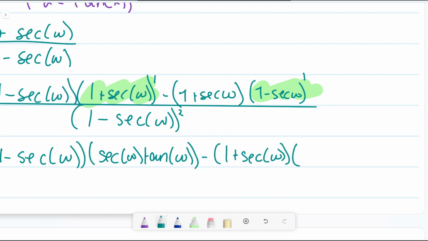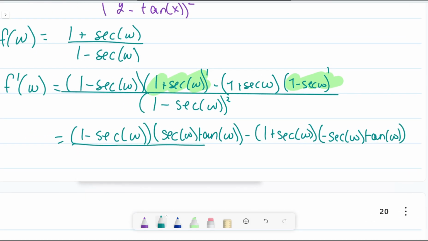Again, the derivative of 1 is 0. The derivative of negative secant w, the negative stays outside. The derivative of secant is secant w times tangent w. All of this divided by 1 minus secant w, all squared.